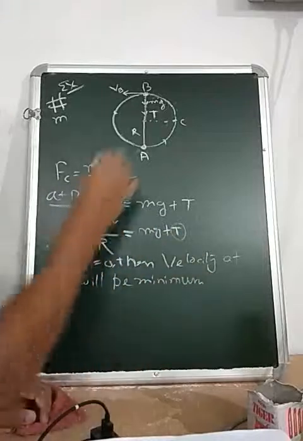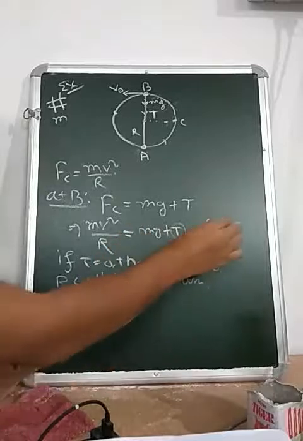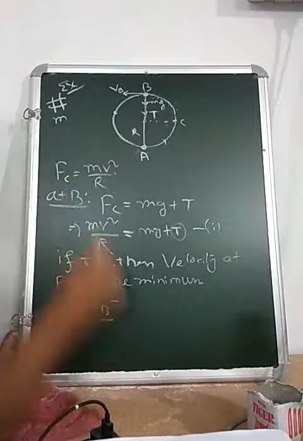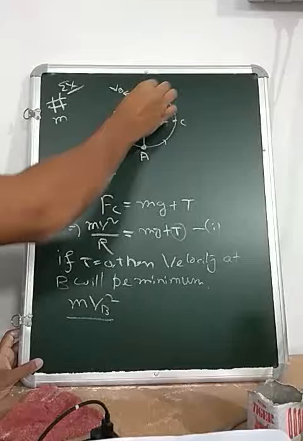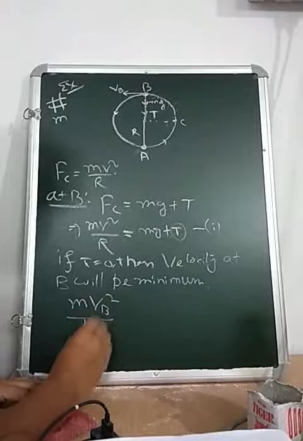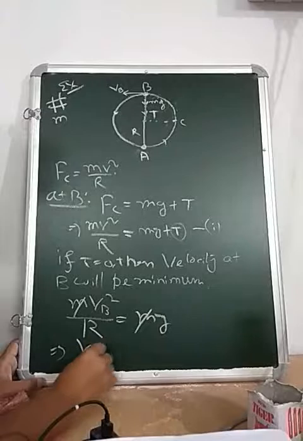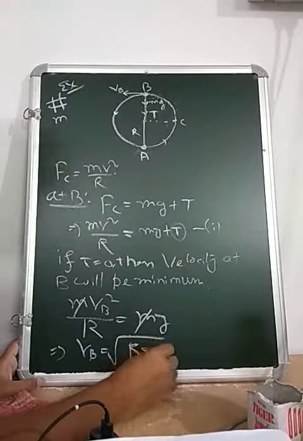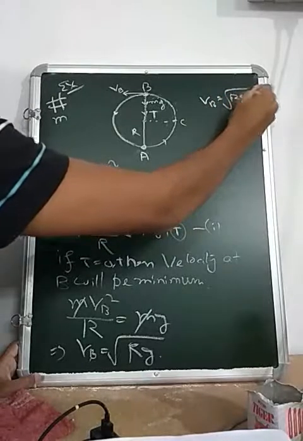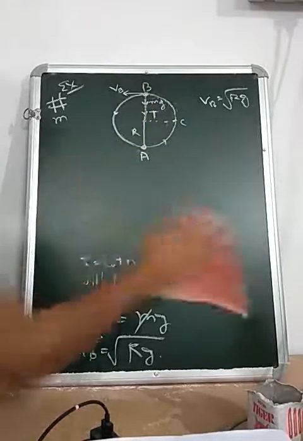Putting T equal to 0 in equation 1, what do we get? m Vb square by r equals mg, where Vb is the minimum velocity at point B required to complete the circular path. The m cancels, so Vb is root over rg. This is the minimum velocity at point B required to complete this vertical circular path.